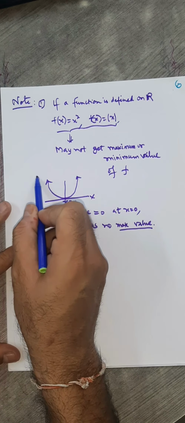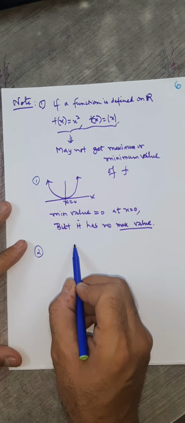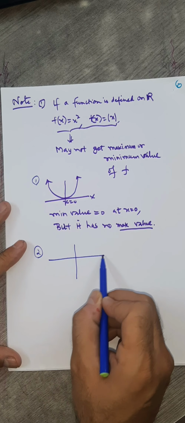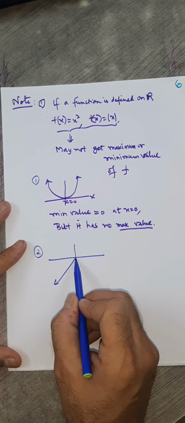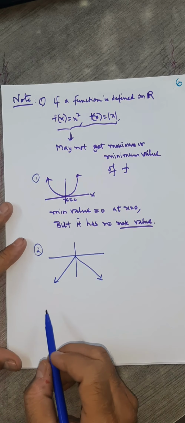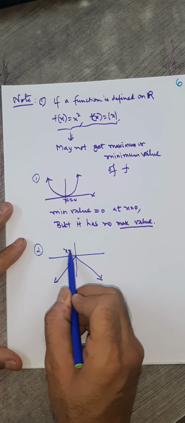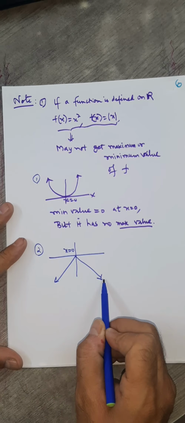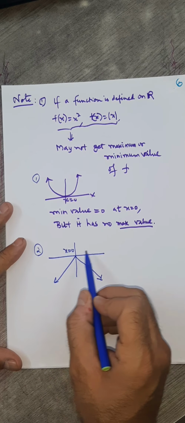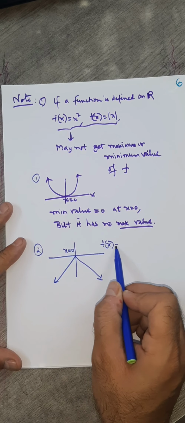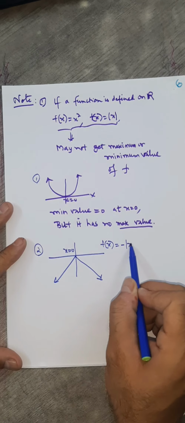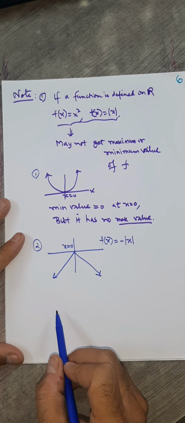Okay, if you consider even a graph like this, you can think of how to draw the graph of which function. Now you see at 0, this is the highest value, right? This is the graph of which function? Can you think? Minus of modulus x. Fine.